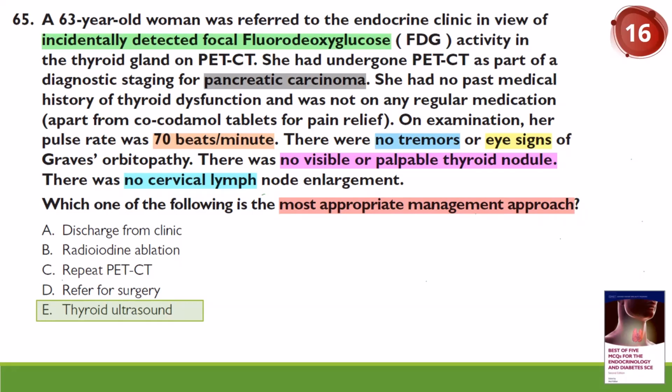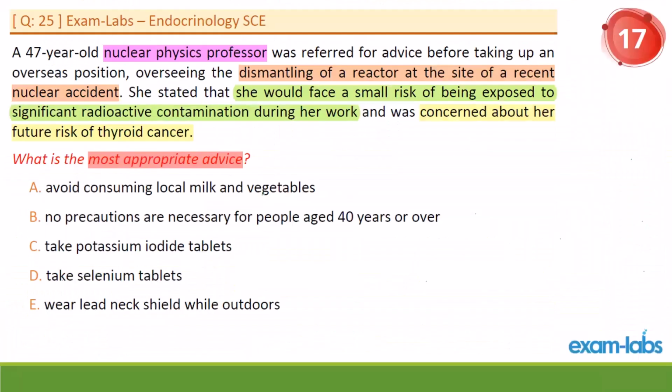If TSH is low, in this situation the next step is thyroid scan. So this is very important: any thyroid nodule detected by PET scan, we should assess by fine needle aspiration cytology.